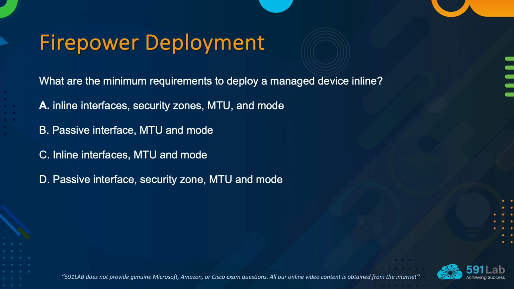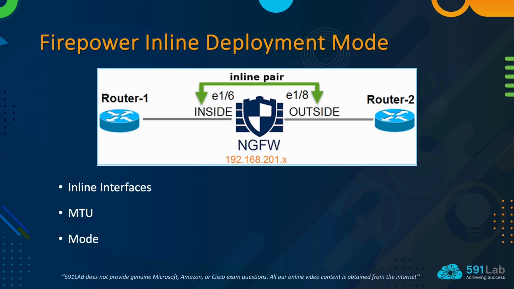So, the third question is, what are the minimum requirements to deploy a managed device inline? To answer this, let's have a look at Firepower inline deployment mode. Inline interfaces.